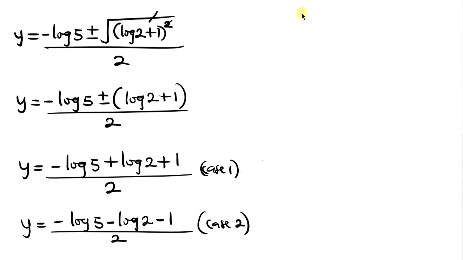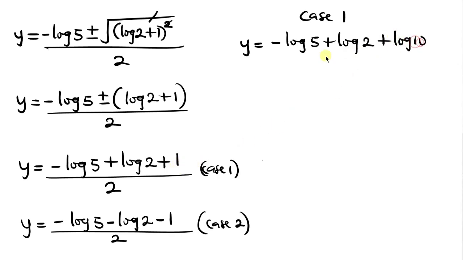So we're going to be working with this one after the other. So for the first case, let's call that case 1. We have y to be equal to negative log 5 plus log 2. Now plus 1, which is the same thing as log 10. So I'm going to be writing log 10 here all over 2. Now remember the law of logarithm we used, multiplication to addition. Well, the reverse is also the same.